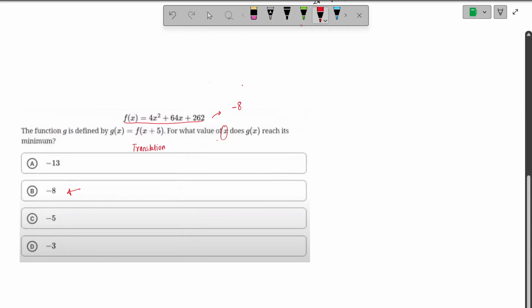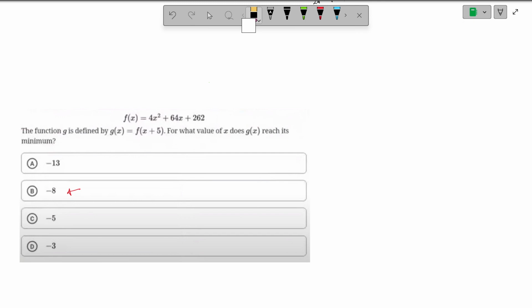If you know translation of functions, this translation will shift the graph of f of x left by 5 units. So all you have to do is minus 5, because every point will shift towards the left by 5 units, and you'll have your answer. So that will be negative 13.